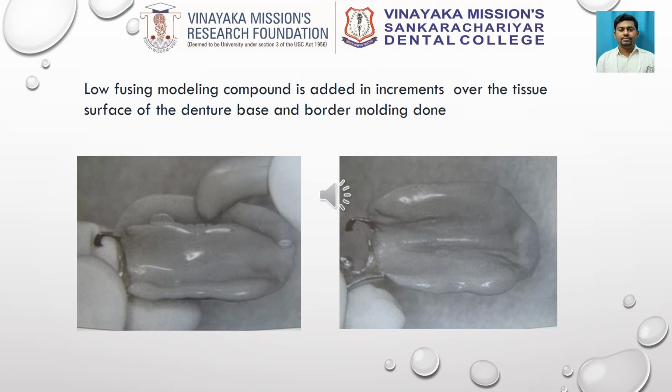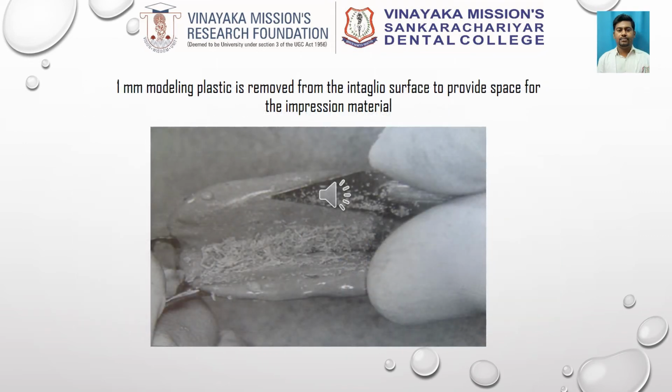After the metal spacer is removed, the low fusing modeling compound is added in increments over the tissue surface, or the intaglio surface of the denture, and the border molding is done. Again, 1 millimeter of modeling plastic or impression compound is removed from the intaglio surface.